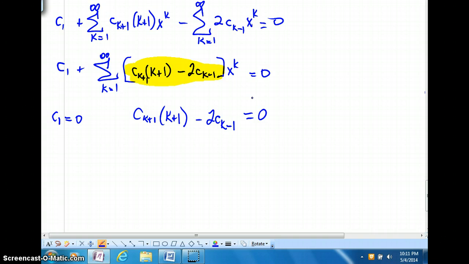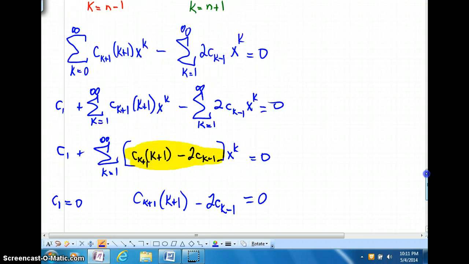If not, our left-hand side really won't equal 0. We'll have something with an x to a power on the left side. And this is not saying that our series is a trivial series in the sense of our solution, as if to say, oh, only zeros are going to be seen.